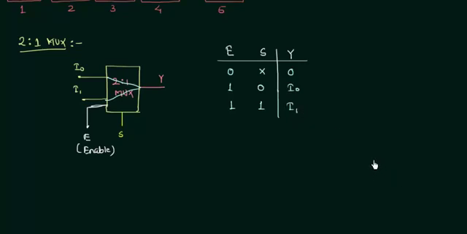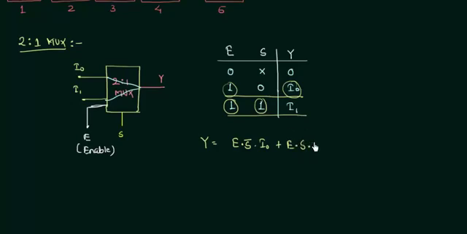Now let's try to find out the logical expression for this. Y is equal to what? We will see for these two cases. In this we have E, and E is 1, so E, S is 0, so S complement, and then I0, or E is 1, so E, S is also 1, so S and then I1.